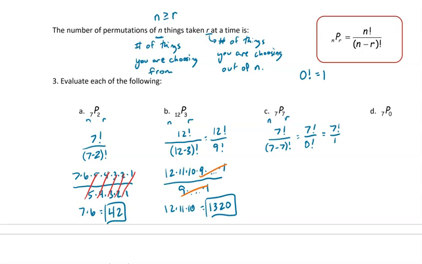So this is just 7 factorial. That's it. And it's going to be 7 times 6 times 5 times 4 times 3 times 2 times 1. All right. So multiply all of these out, and you should get 5,040.